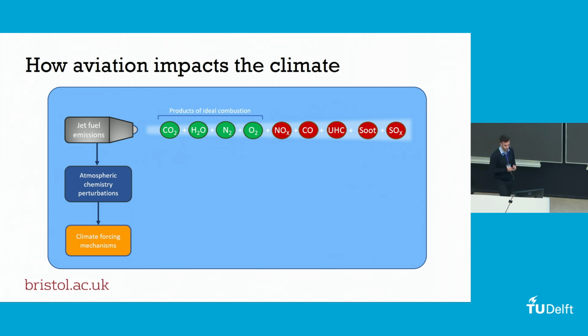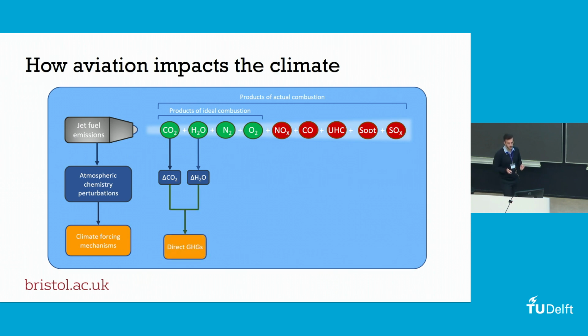However, as a result of inefficiencies and impurities in the combustion process, we also see the emission of NOx, carbon monoxide, hydrocarbons, soot, and sulfur oxides. So first up, we've got the emission of CO2 and water vapor, which are both relatively inert gases, so they simply go on to increase the concentrations of these gases in the atmosphere, resulting in climate change through the direct greenhouse gas effect.